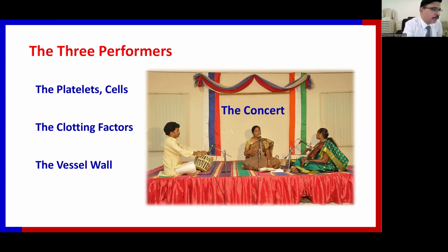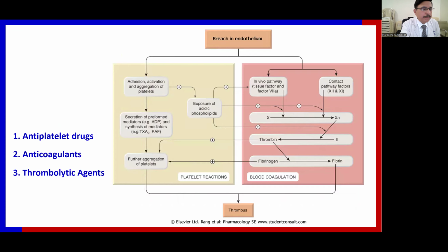There is exposure of the acidic phospholipids. So once this occurs, the acidic phospholipids of the platelets are exposed out. Then what will happen? The platelet secretes preformed mediators, particularly ADP, and synthesizes various mediators, thromboxane A2 and then PAF, platelet activating factor.